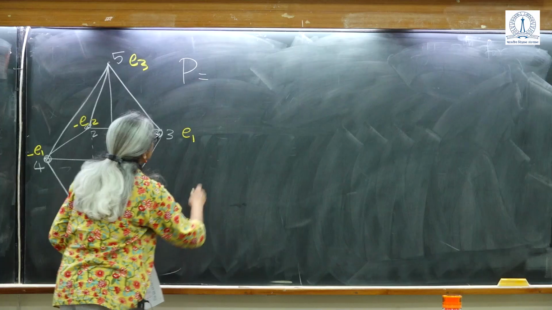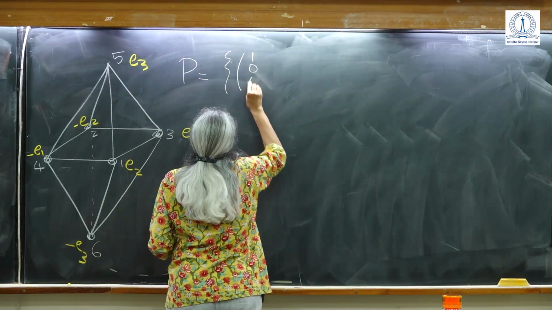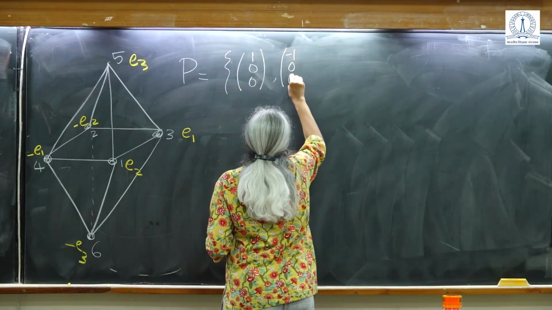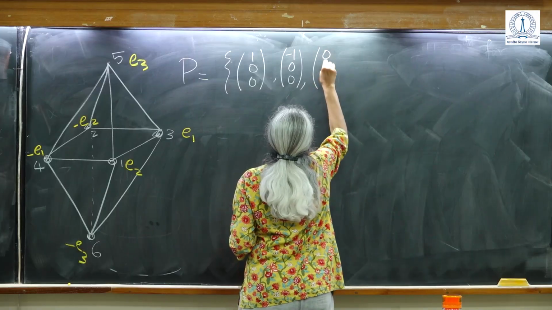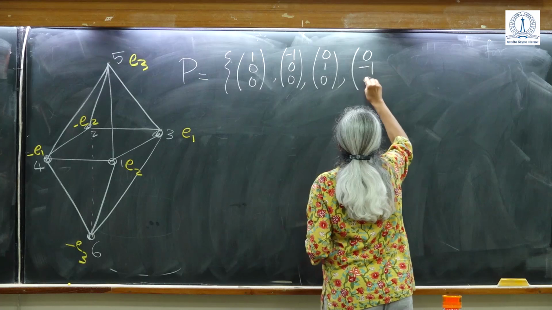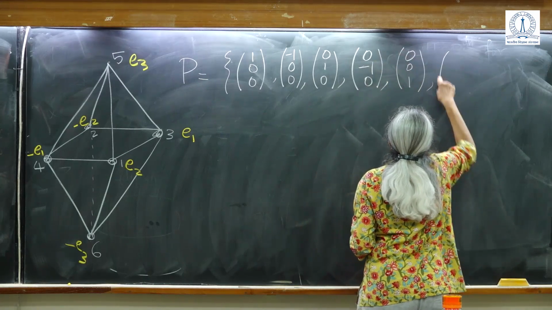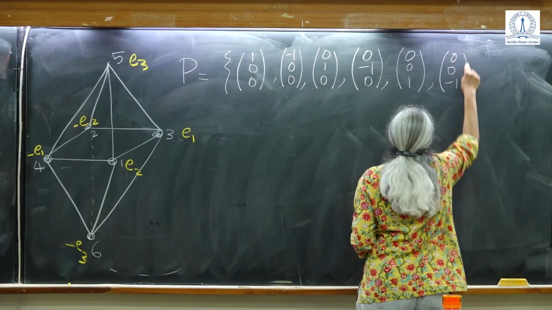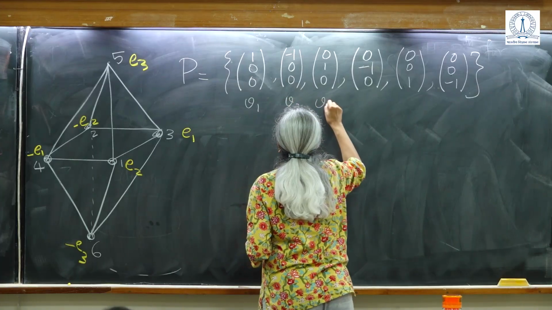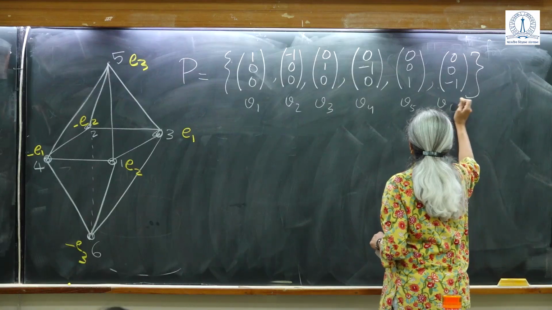So this is the convex hull of (1,0,0), that's the first one, (-1,0,0), that's the second one, (0,1,0), the third one, (0,-1,0), fourth one, (0,0,1), (0,0,-1). So this is v1, v2, v3, v4, v5, v6.